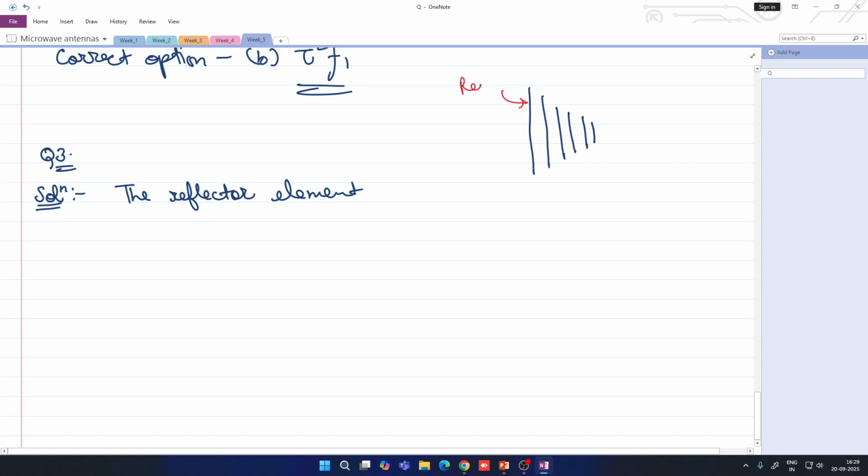This is the reflector, this is the driven element, and these are directors. So the driven element will always be less than the reflector, because whatever the backward waves are, it will reflect back towards the driven element, which will help this antenna to have a higher forward gain.